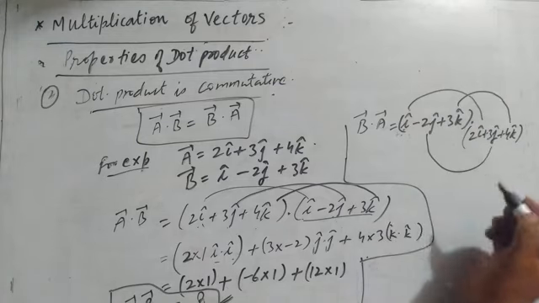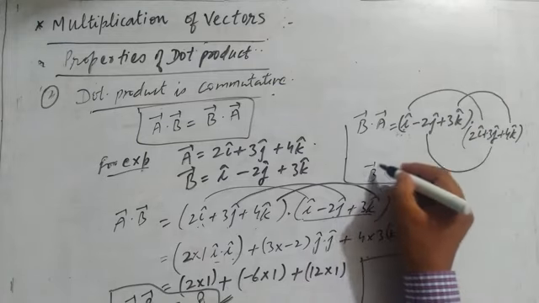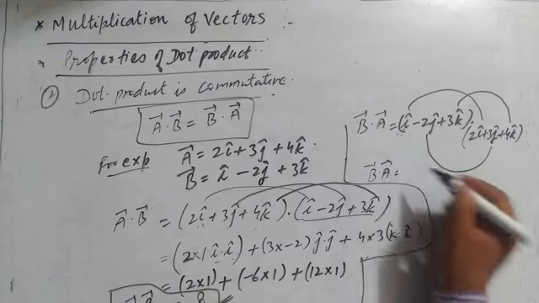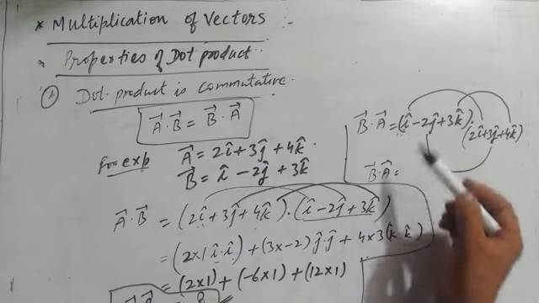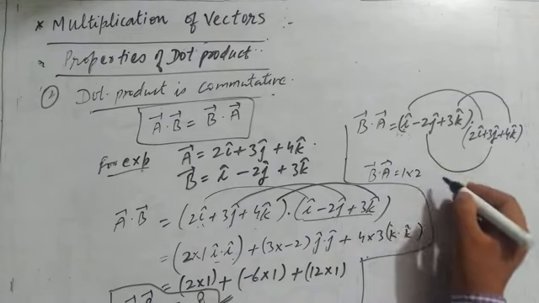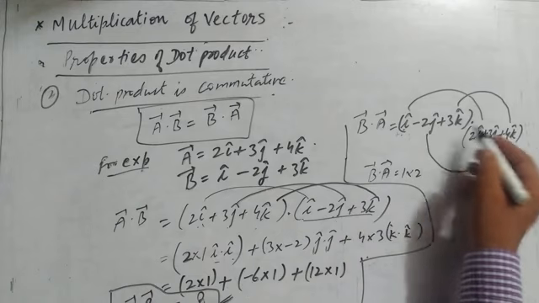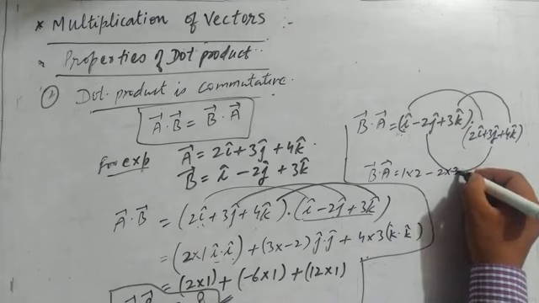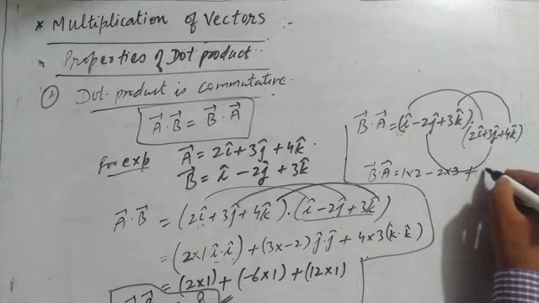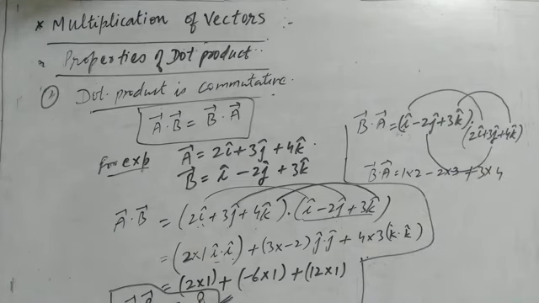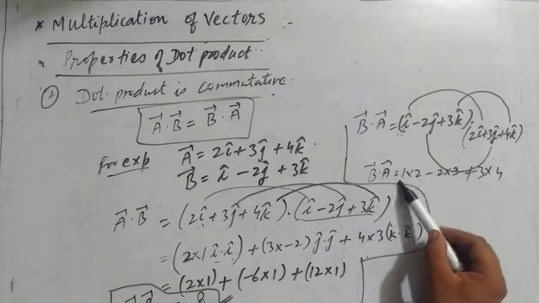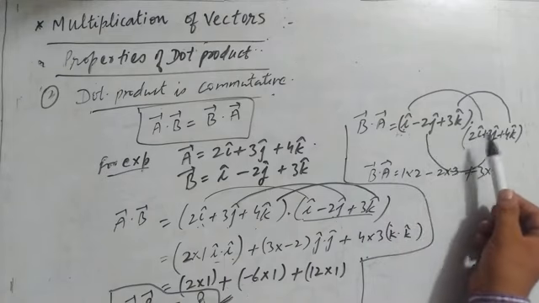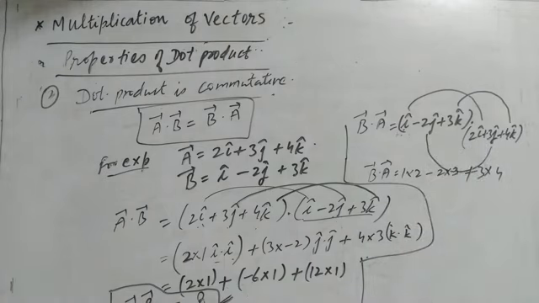So we will get b vector dot a vector equal to 2 into 1. 1 into 2 becomes 2. Plus 3 into minus 2, plus 3 into 4. i into i becomes 1, j into j becomes 1 and k into k becomes 1.